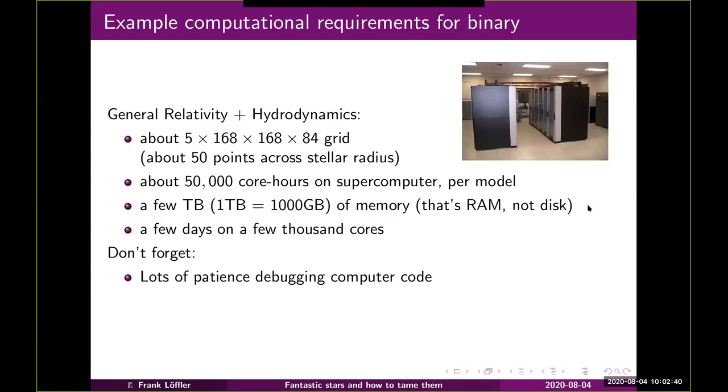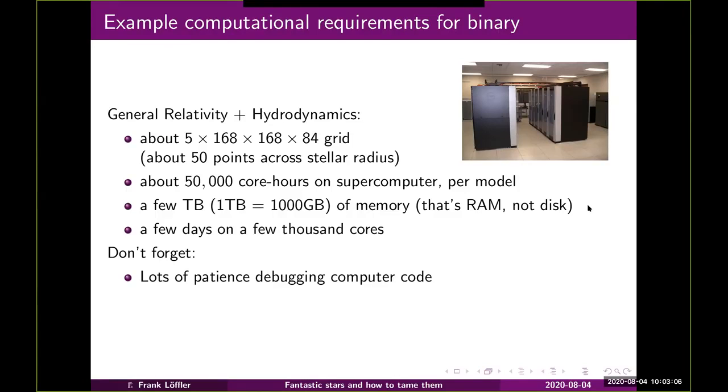So if we do, let's say, a binary neutron star simulation, or just a neutron star simulation at the moment, these are really just rough numbers, right? Just to give you an idea. If you want to do general relativity, so you solve for the space-time evolution, and you want to do hydrodynamics, which is just the evolution of the matter itself, nothing else yet, you need some grids.